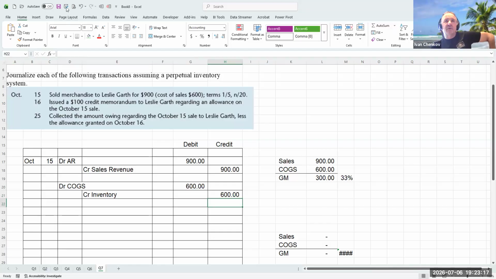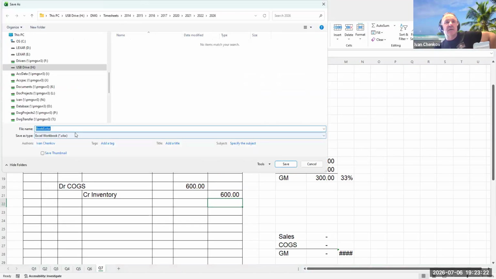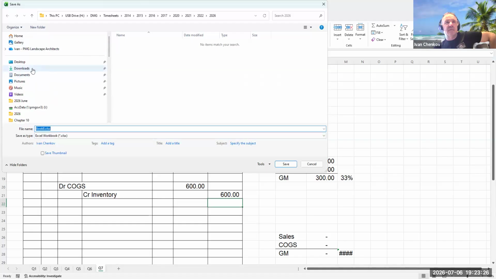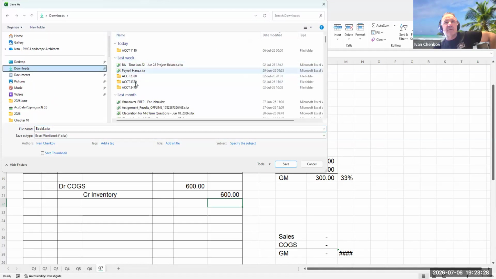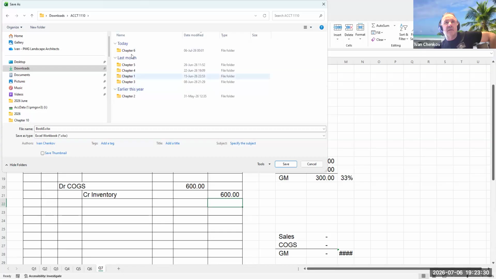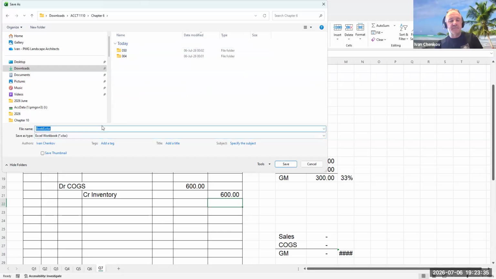So at this point, let's do the same thing that we did last Monday. I'm going to save this worksheet somewhere, and that will be chapter 6 calculation, July 06, 2026.